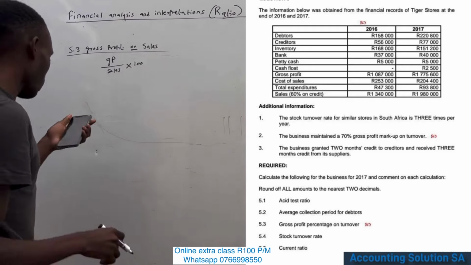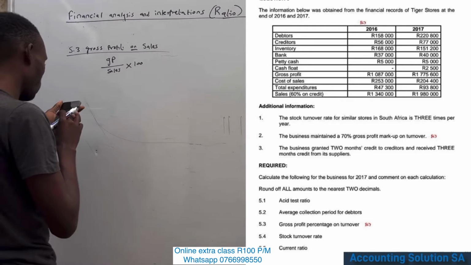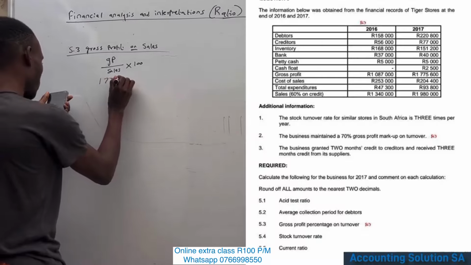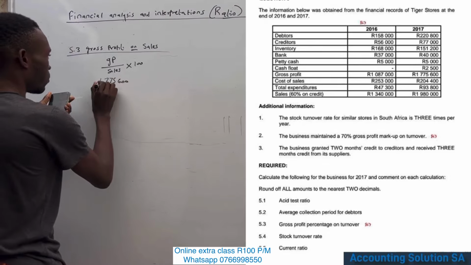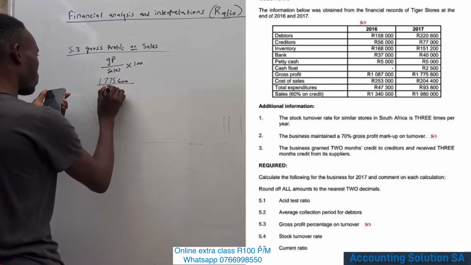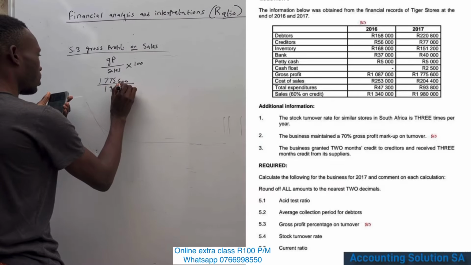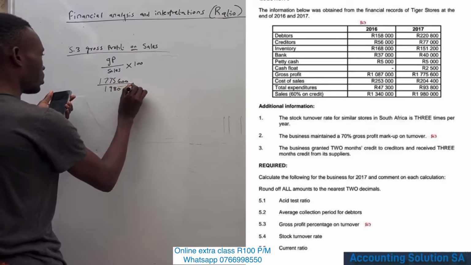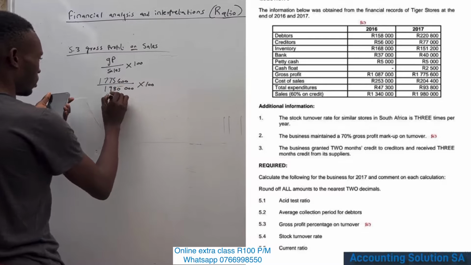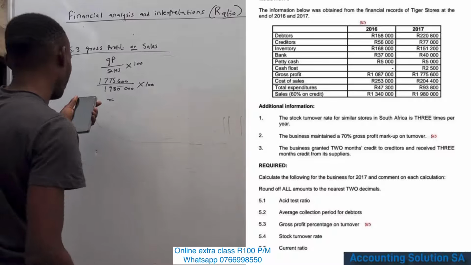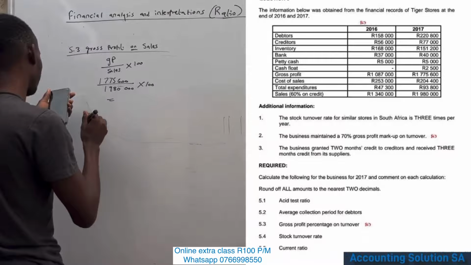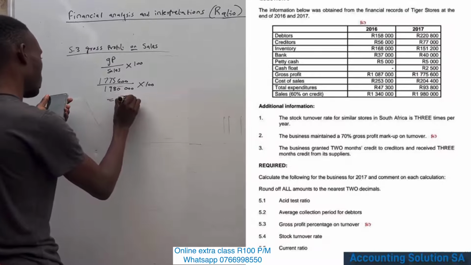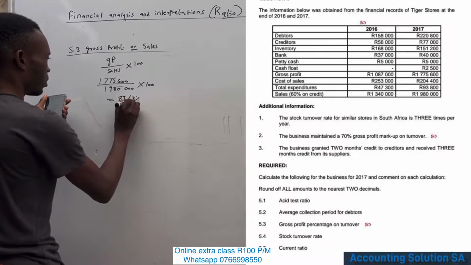Okay, let's take gross profit. Gross profit is amount of 1,775,600. Then we divide by amount of sales of 1,980,000, and we multiply by 100. So if you calculate it like this, you're gonna get 89.68%.